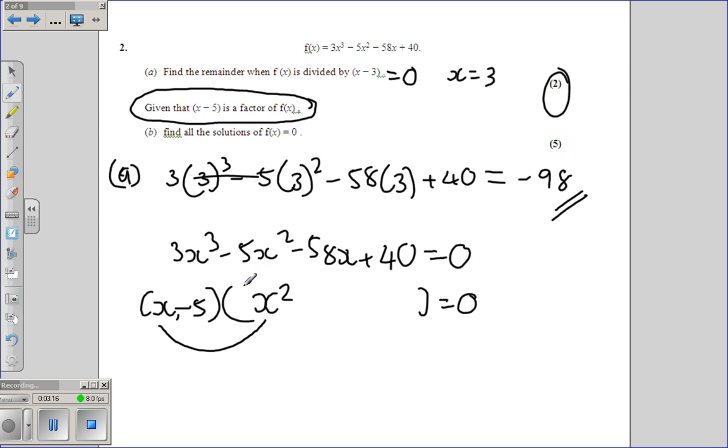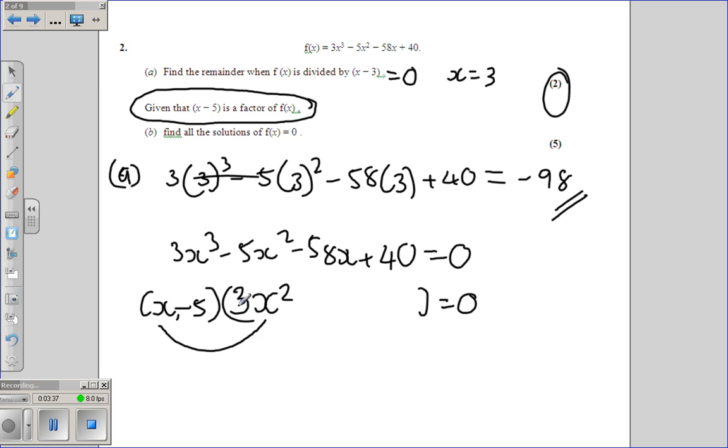And there's only one number, one coefficient of x squared that can go here to allow you to get 3x cubed, and that's 3. So 3x squared times x is going to give you the 3x cubed. This is the only place the x cubeds come from, so that's the only possible answer.